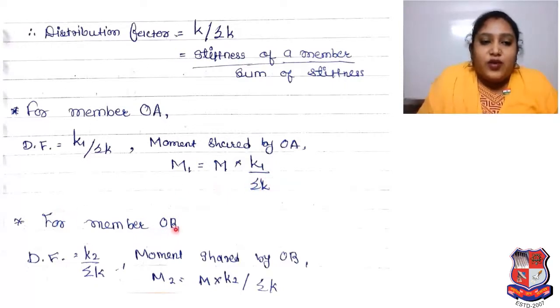For member OB, the distribution factor will be K2 upon sigma K. Sigma K will be the same for all; here the stiffness value will differ. The moment shared by OB, M2, will be M into K2 upon the sum of stiffness.